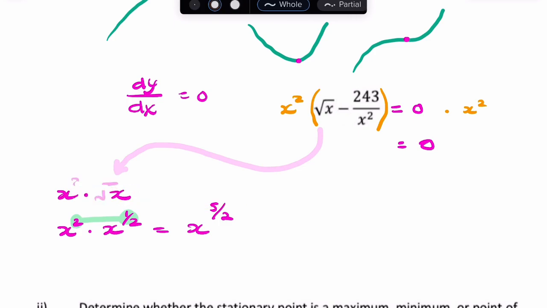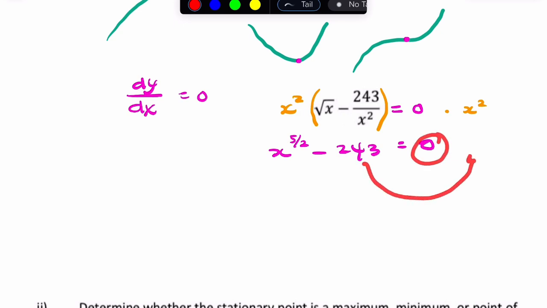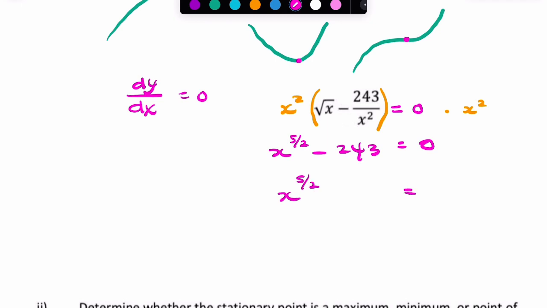So x to the power 5 over 2 minus 243, because that will go with that, equals 0. So take 243 to the other side. So x to the power 5 over 2 equals 243.